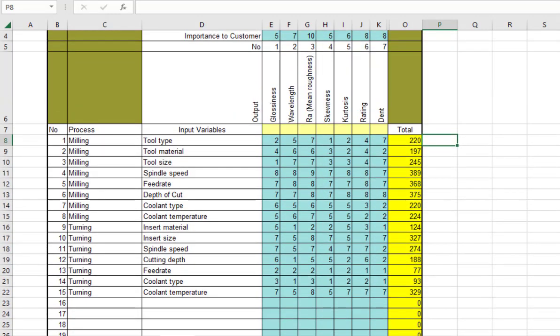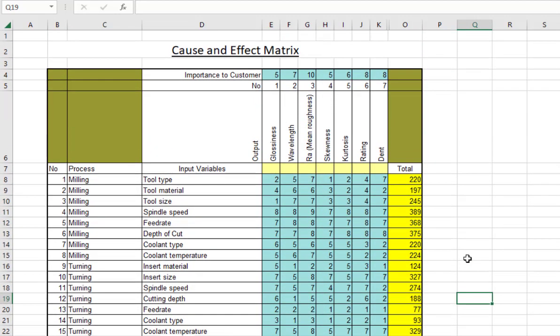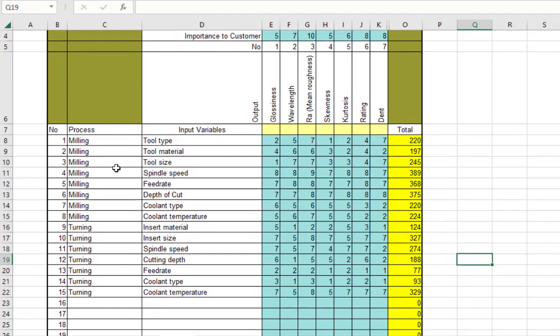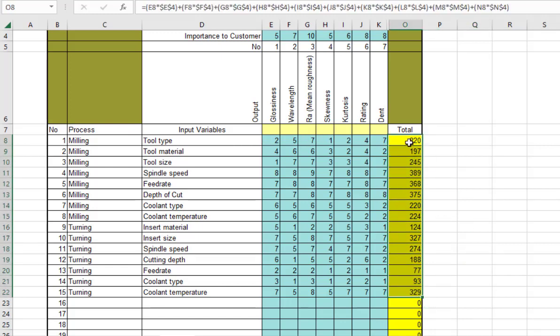So now next what we need to do is to sort the process and input variables here according to the score, in descending order, right?